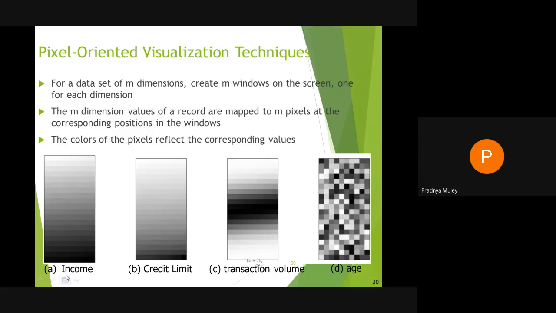For example, this is a pixel-oriented graph of income. This is a graph of credit limit. This is a graph of transaction volume, and this is a graph of age.